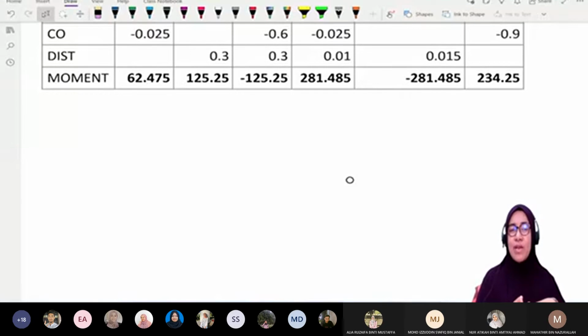Yang tadi sign convention tu semua tu sign convention untuk kita start calculation. So the value that we get from table is the real value, is the real direction that we get based on the loading given in the question. Okay, so we get MAB is positive, MBA is also positive.